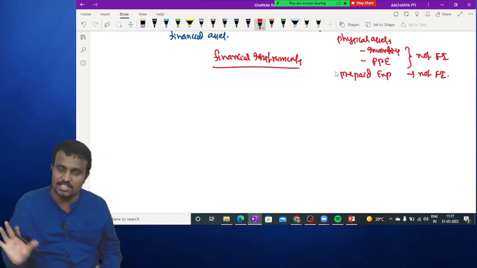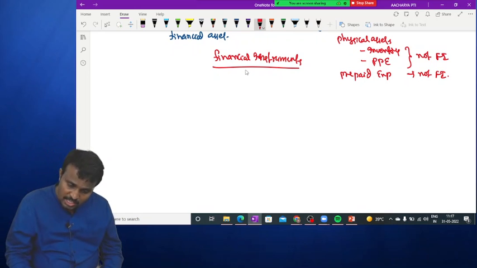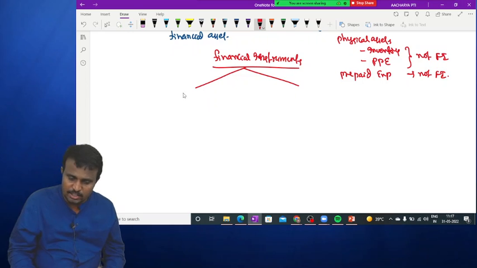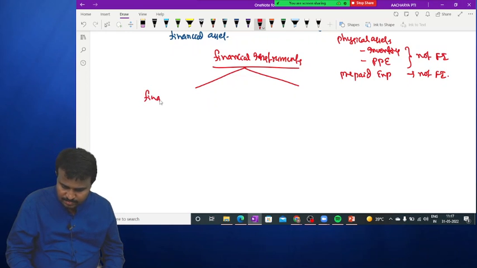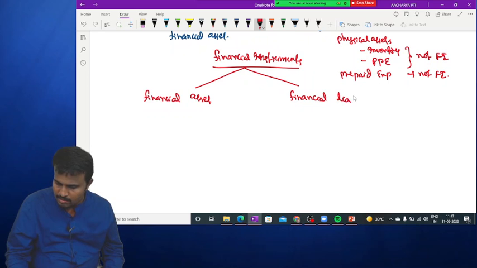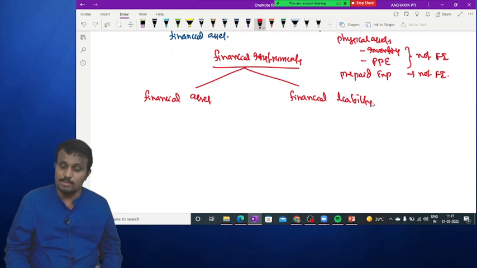It is not a financial asset at all. So these financial instruments are classified into two types. One is financial asset and another one is financial liability.